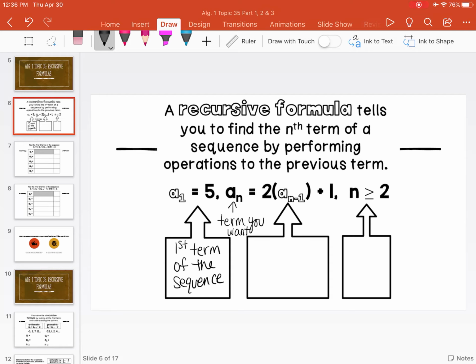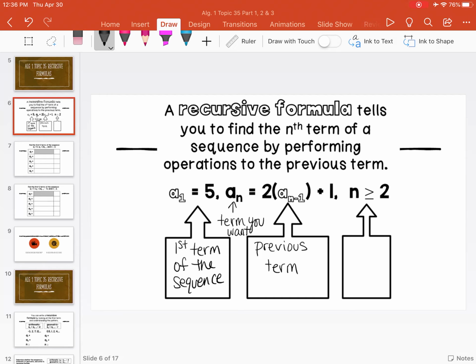A sub n minus 1 stands for the previous term. And because it's n minus 1, think of that as if you start at n and take a step back 1, it's like you're standing at where you previously were.